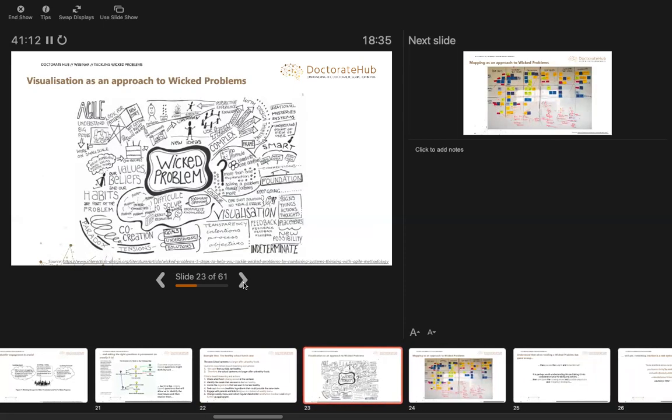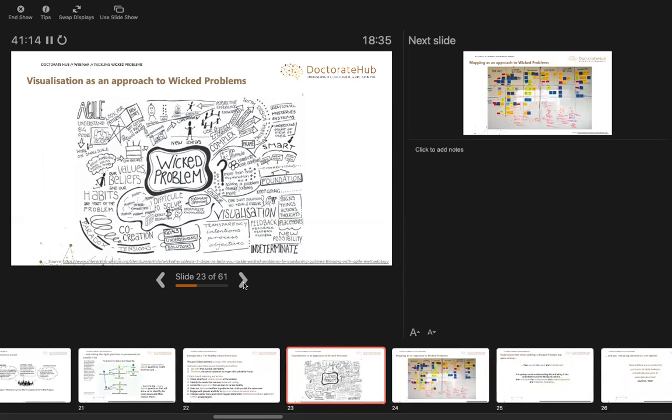Now, how do we engage stakeholders on criteria-based reasoning within such a complex situation? Visualization, as it turned out, is a very powerful approach to engaging with stakeholders. This type of visualization likely would require you to contract someone who really knows how to sketch, unless you're a very talented sketcher yourself.